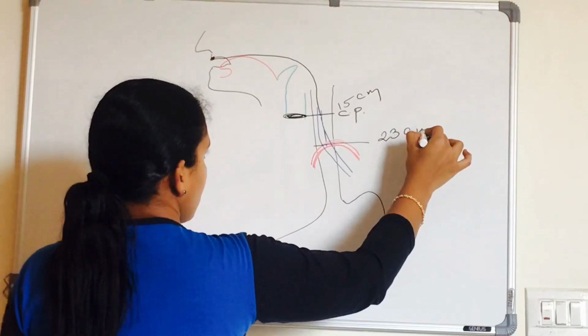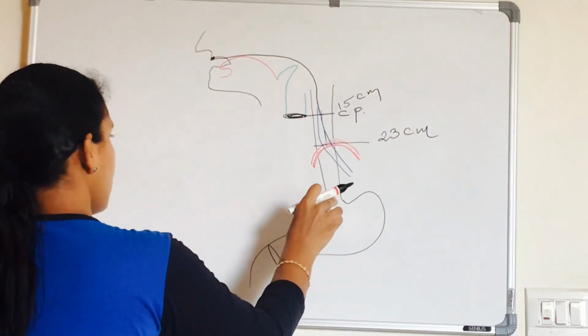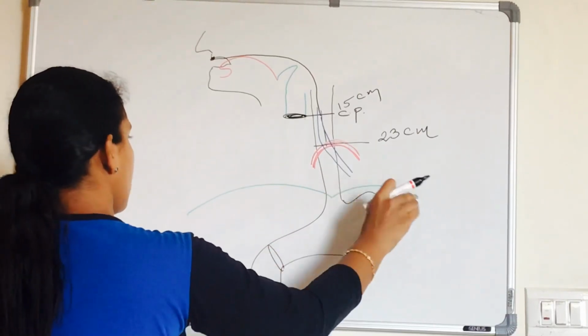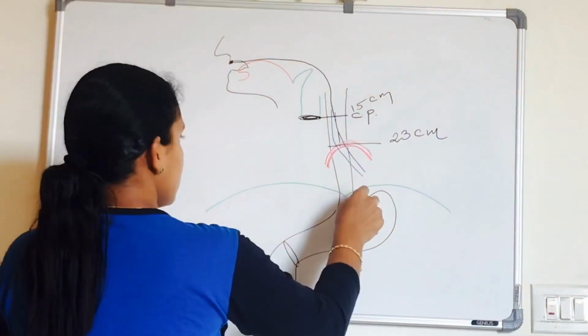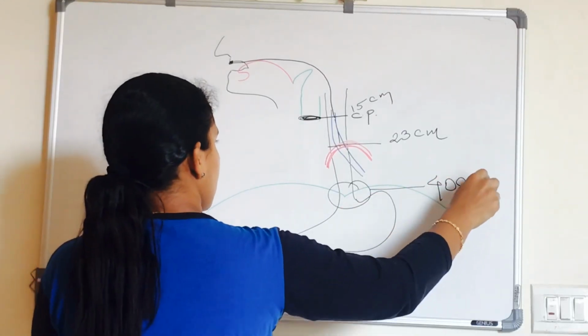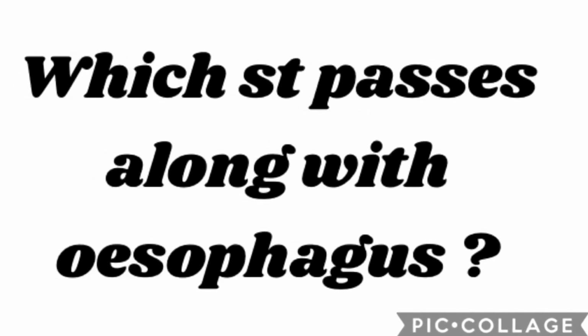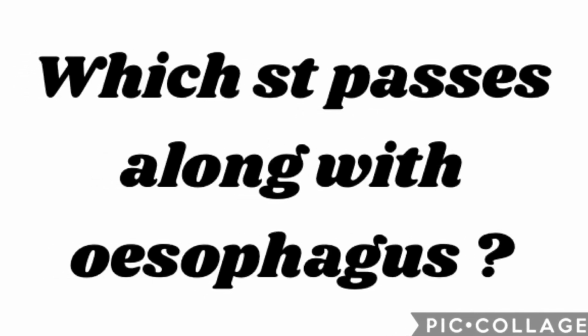So the second constriction is at the level of 23 centimeters. The third constriction is where it pierces the diaphragm to enter the abdomen, and this is at the level of 40 centimeters. So these are the three main constrictions of the esophagus.